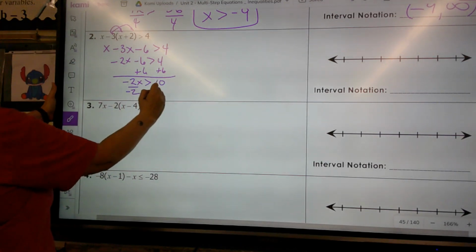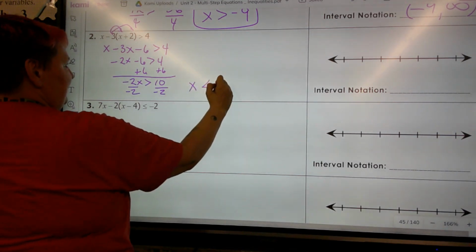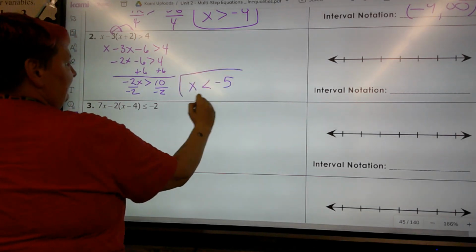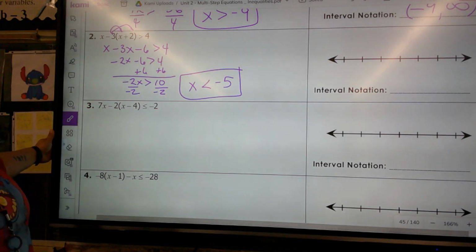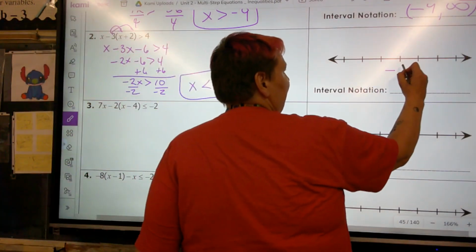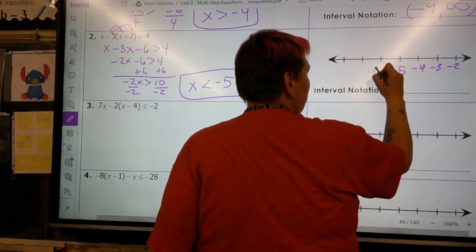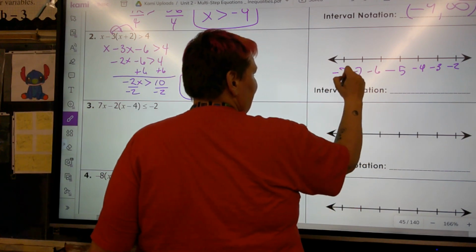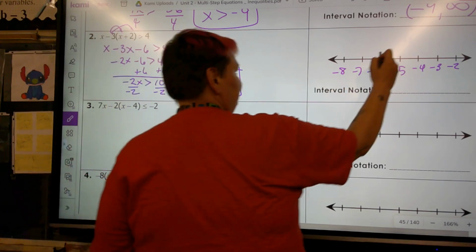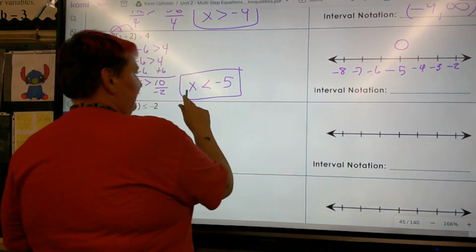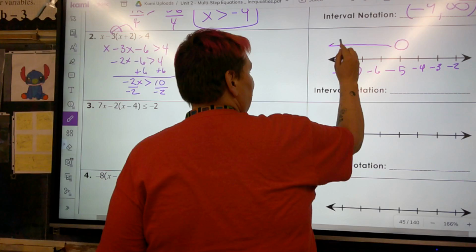We're dividing by a negative, so we're going to flip our inequality symbol. x is going to be less than negative 5. Alright, let's graph it. Negative 5, negative 4, negative 3, and so on. Open circle because it's less than. And because x is less than, we're going to go left.